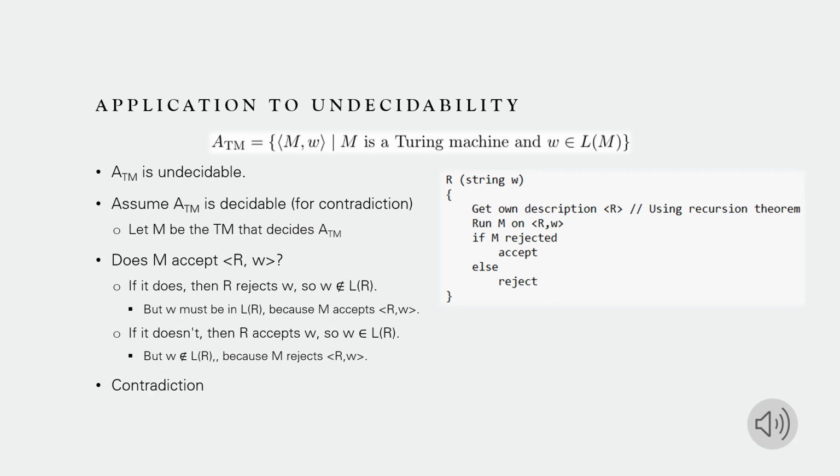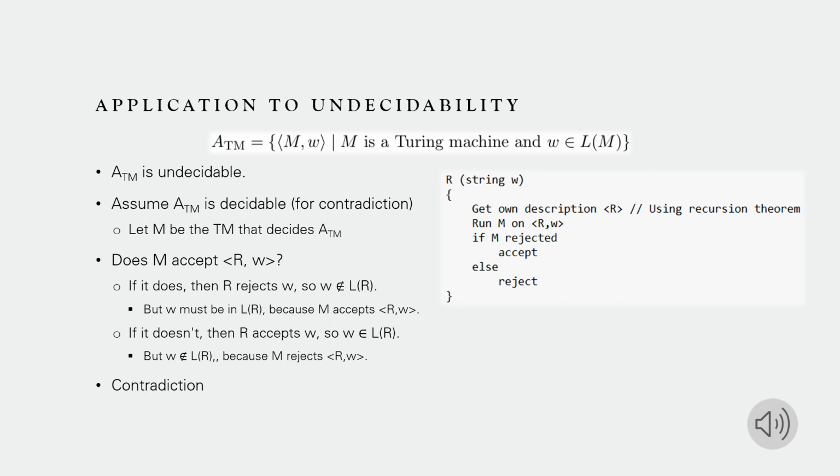And if M does not accept R, W, then R accepts W because it does the opposite of what M says. So W is in the language of R, but W can't be in the language of R because M rejects R, W. So either way, there's a contradiction, which shows that A is undecidable.